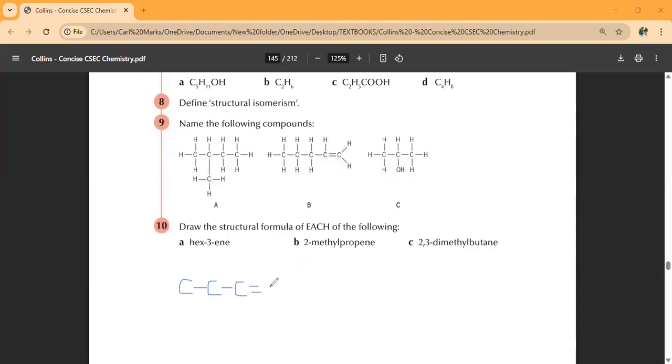The lowest carbon is 3. Then we have another one here. We're supposed to have 6 carbons, and then we put in our bonds with the hydrogen. Notice we're only supposed to have 4 arms on carbon.